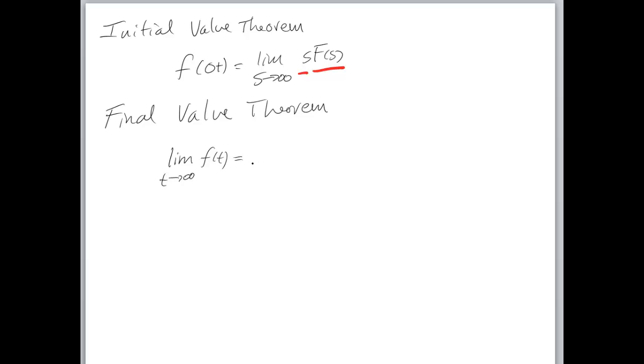But if you're already in the s domain and you want to find the final value or the steady state value of your system, so what happens when you let the system go on for a long time, where does it settle down to, what kind of response does it settle down to, we can take the limit as s goes to 0 of s times f of s. And so these are our initial and final values of our system when you're working in S space.